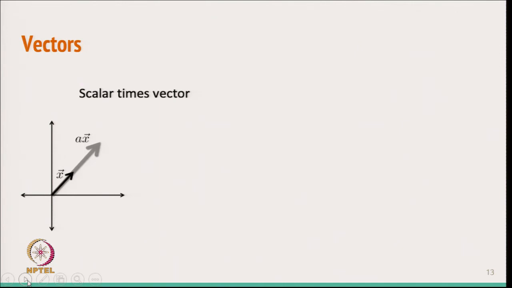So, now after defining groups and fields, let us start with what are called vectors, because generally we know that vectors are represented by a sign like this one. So, this is a vector which has direction as well as magnitude.